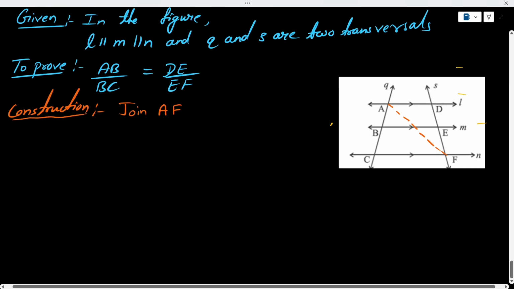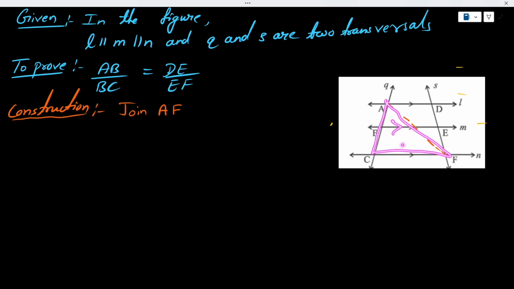What is the first triangle you can see in the figure? ACF, where this is parallel to this. Another triangle you can take here is ADF, where this part is parallel to this. So wherever AF is intersecting, AF meets BE at a point you need to label P. If I take it as P, right?